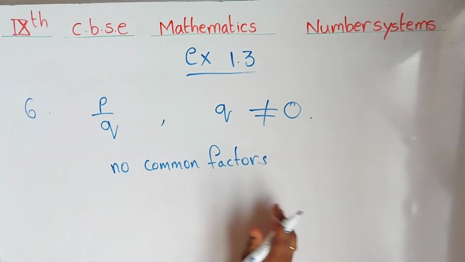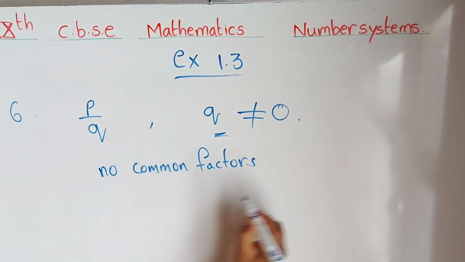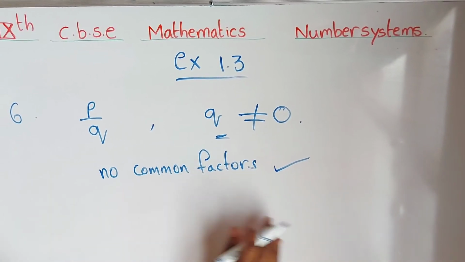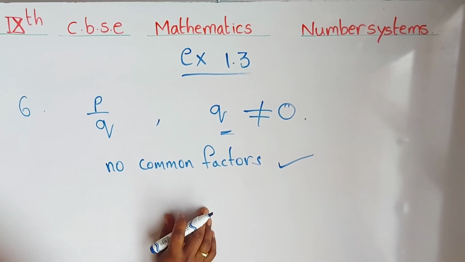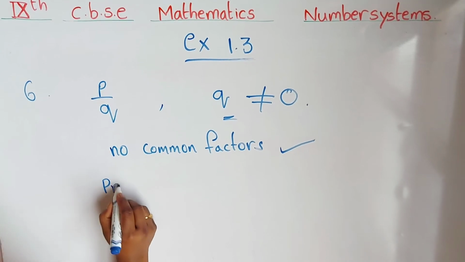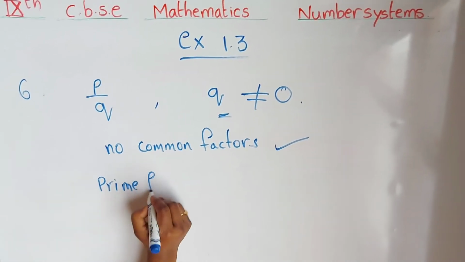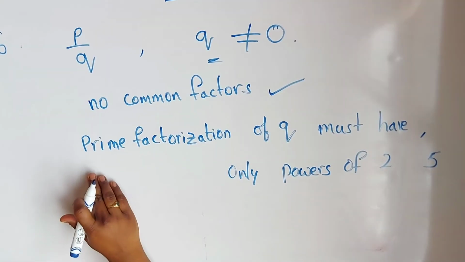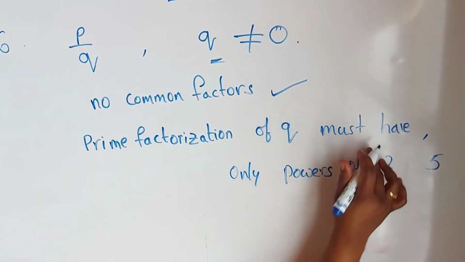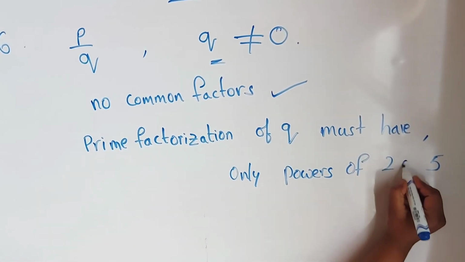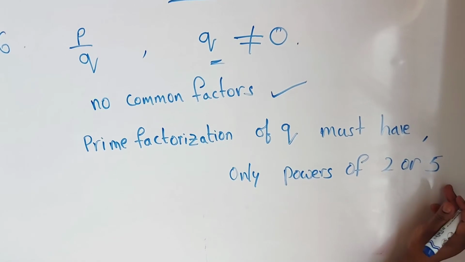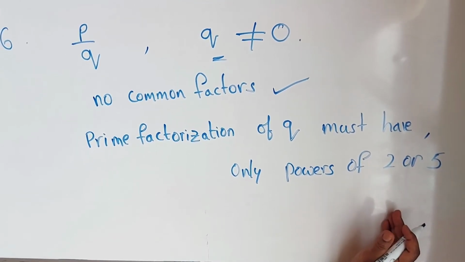Can you guess what property Q must satisfy? Here only they have given the hint, no common factors. That means prime factors. So the prime factorization of Q must have only powers of 2 or 5, because 2 and 5 are prime numbers, right, children?